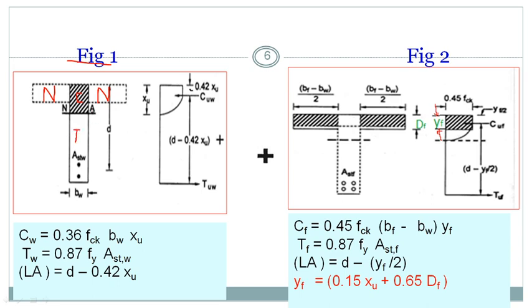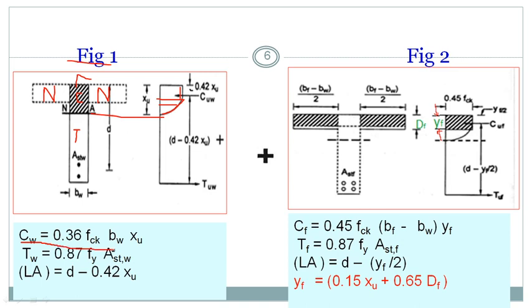If you draw the stress distribution diagram for this particular figure, the strain will have a parabolic distribution up to a strain of 0.002, and after that, from 0.002 to 0.0035, it will be a rectangle. So in figure 1 we are discussing the rectangular part of your T-beam, that is the web.